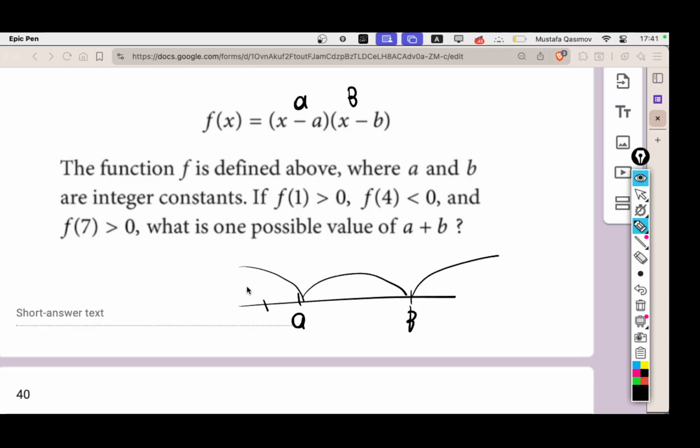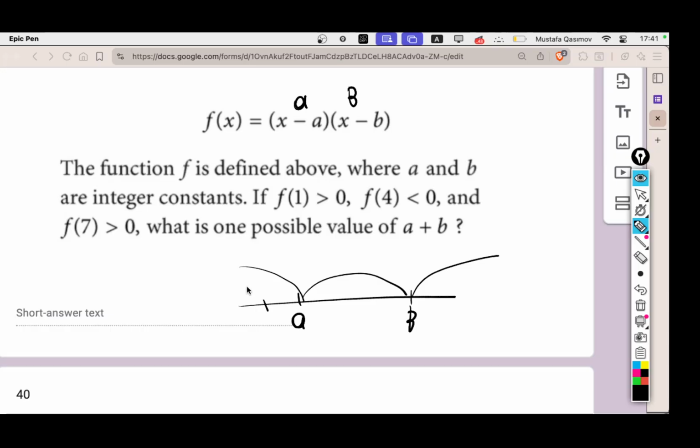So when they are giving you this form, you have to make them separately equal to 0. And also you have to make that one equal to 0.